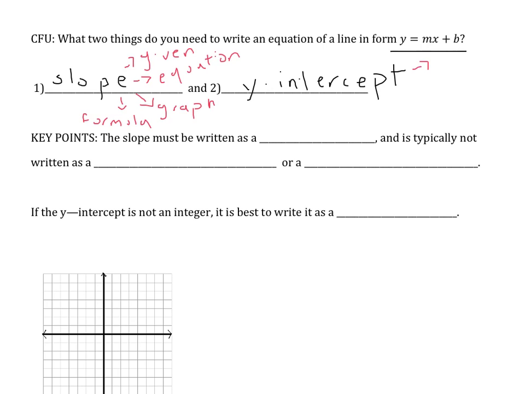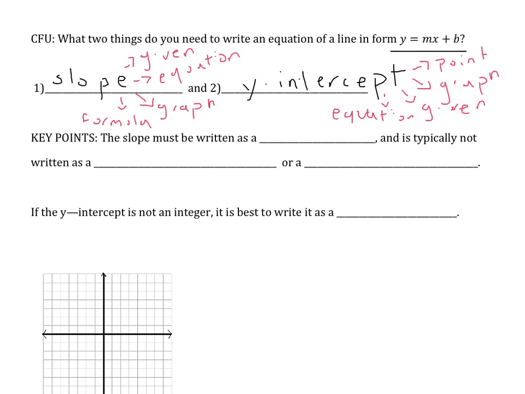We could find the y-intercept from a point. We could find the y-intercept from a graph. We could look at a graph and find it. We could find the y-intercept by just looking and seeing that it's given. Or we could also find the y-intercept from an equation. So I want you to keep in mind that it's not always a straightforward way of finding the slope and the y-intercept. Sometimes we have to do a little bit of work.